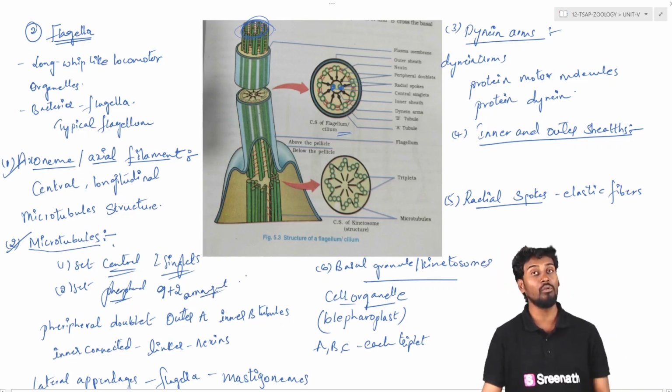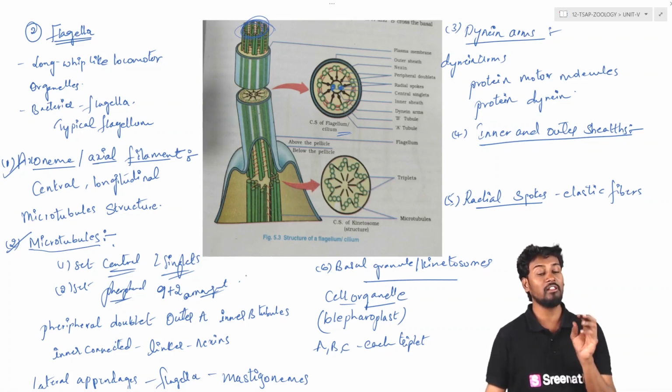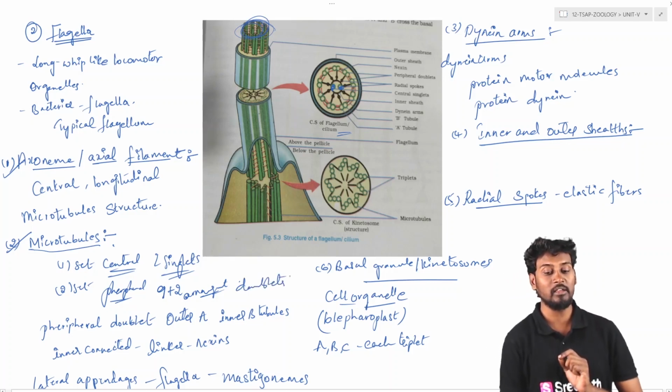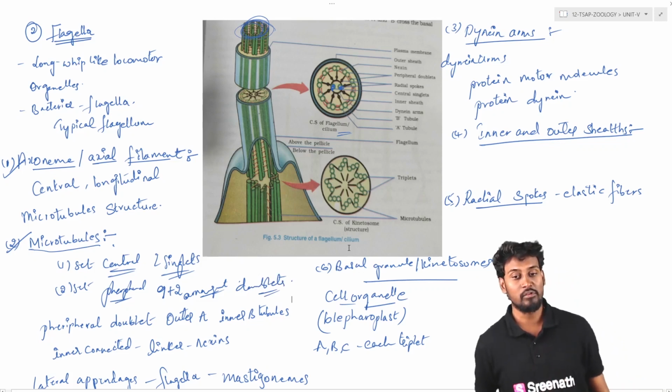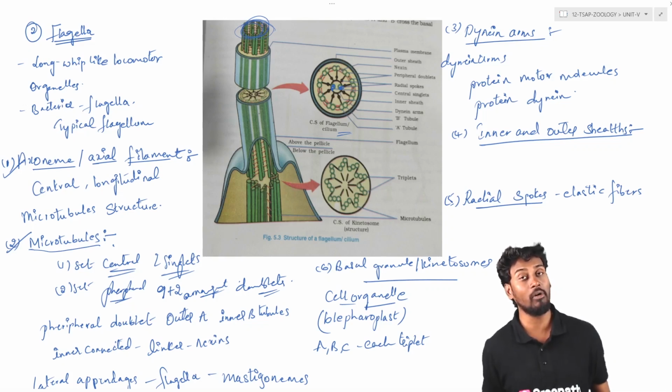The central microtubules are two units, that is singlets, whereas the peripheral microtubules are present as 9 units, but they are doublets. So this is one doublet, this is the second doublet. In the peripheral microtubules we can say it is the 9+2 arrangement of the microtubule, that is a doublet form of arrangement.